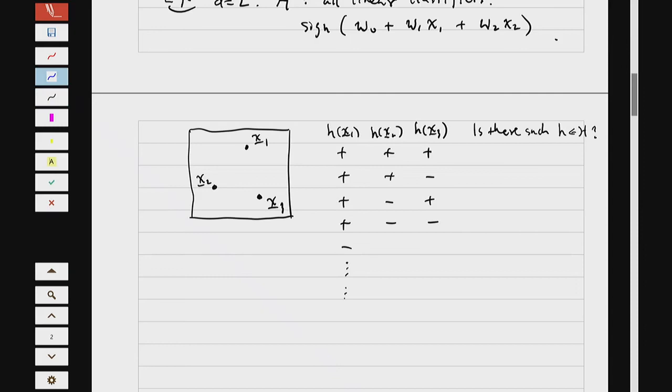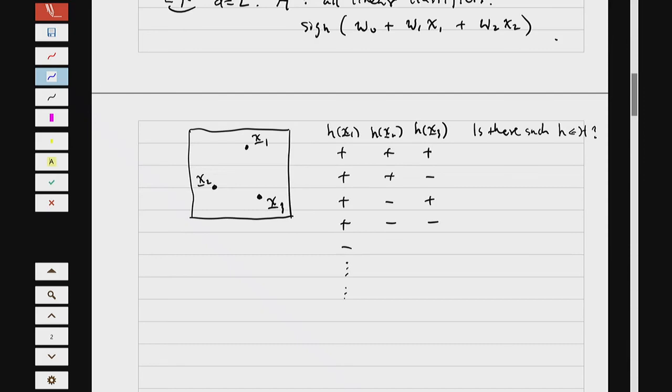This is the easiest thing to do. Yes? All ones? Yeah, they're all ones, of course. By definition, they're all ones. But where is the line? A hypothesis is the line, right? The line to give you this plus, plus, plus.